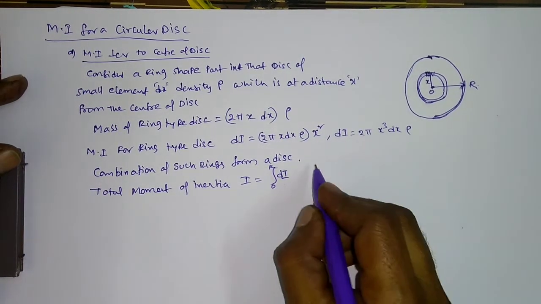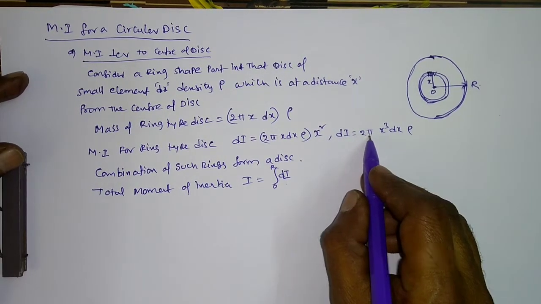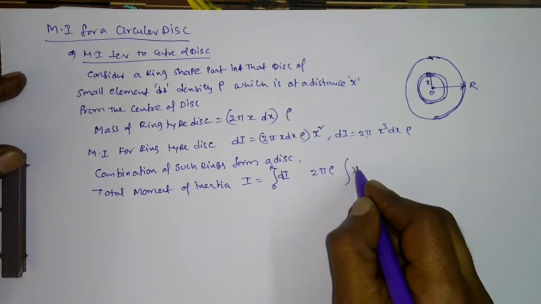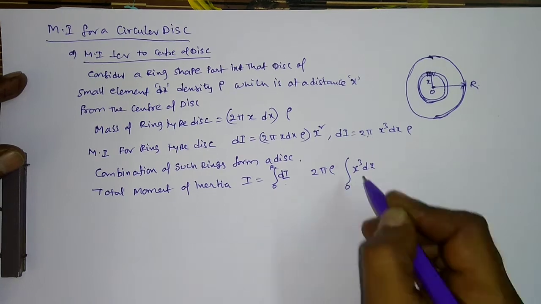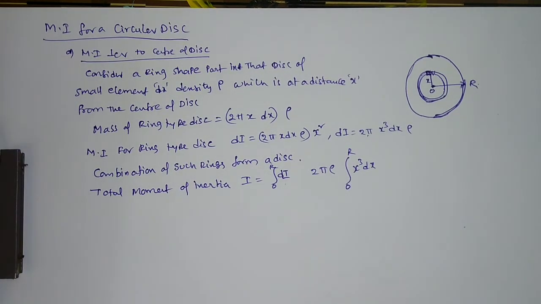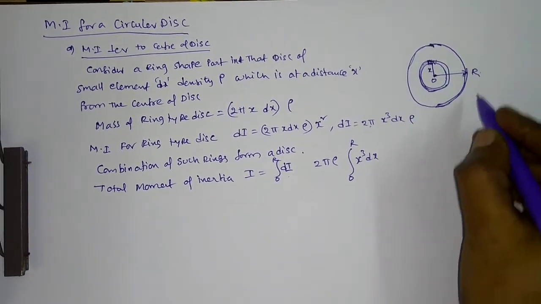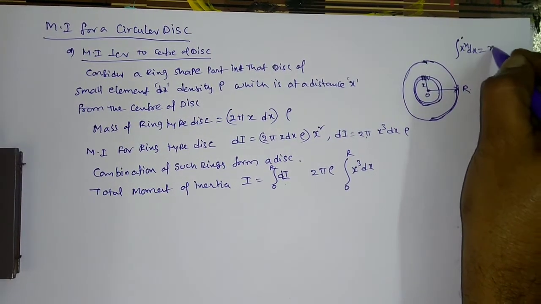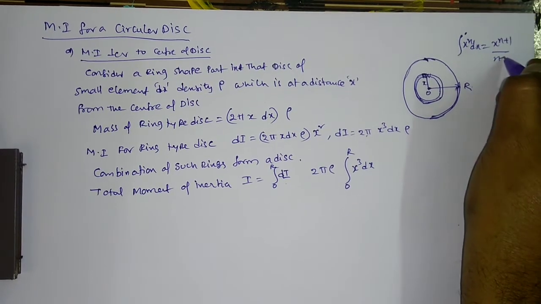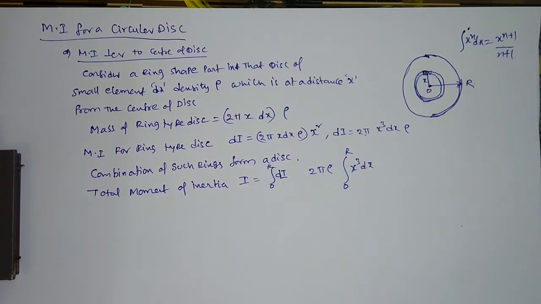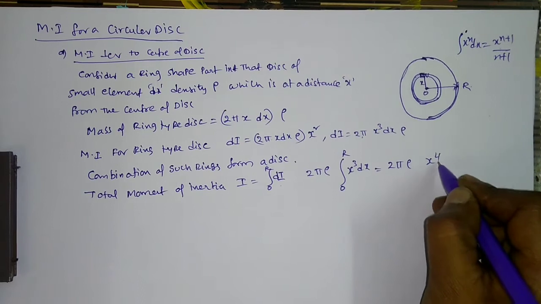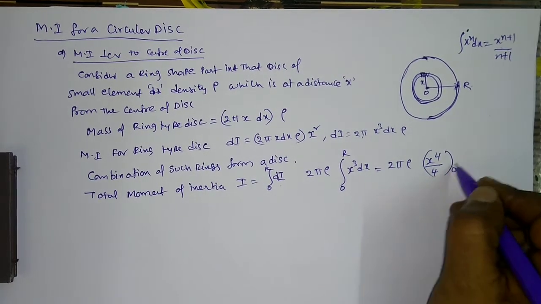Now substitute the value of dI. 2 pi is a constant, rho is constant, keep them outside: 2 pi rho integration of x cube dx from 0 to r. As we know, the integration of x power n dx is equal to x power n plus 1 by n plus 1. That means for x cube you will get x power 4 by 4, so 2 pi rho x power 4 by 4 from 0 to r.